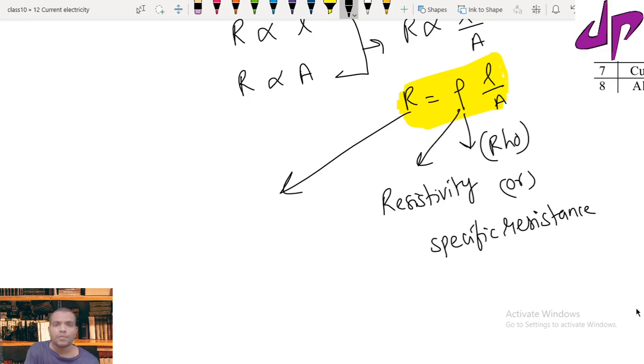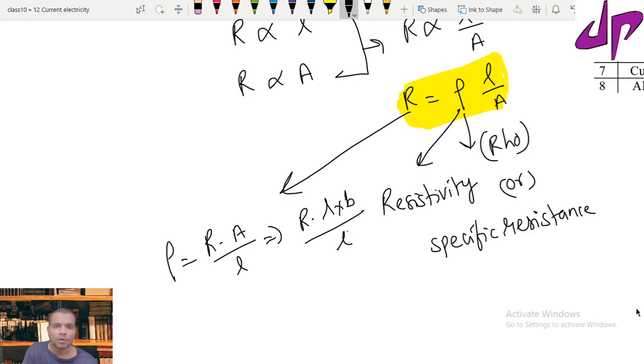From here we define specific resistance rho equal to R times A upon L. If we write the area as length into breadth, then the length gets cancelled, and the resistivity rho equals R times B, where the breadth is in meters.